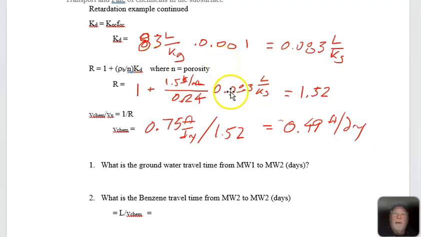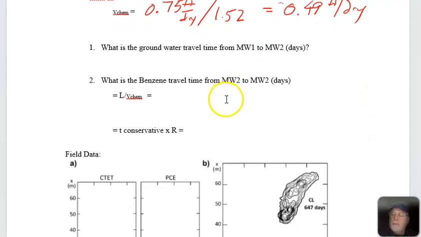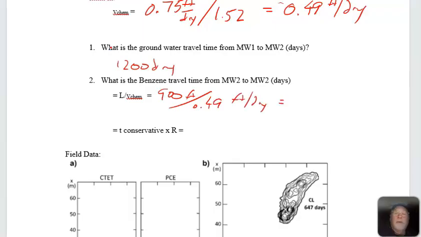The groundwater travel time, just to write it down here again, was 1,200 days. Now we have 900 feet divided by 0.49 feet per day, and that equals 1,823 days.